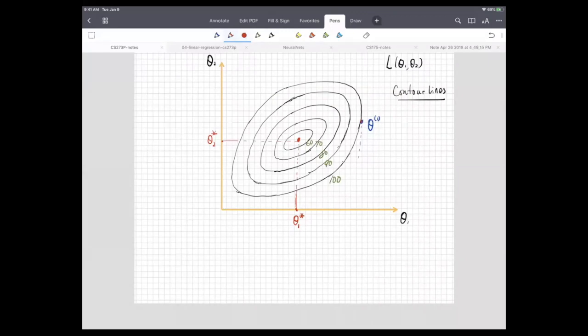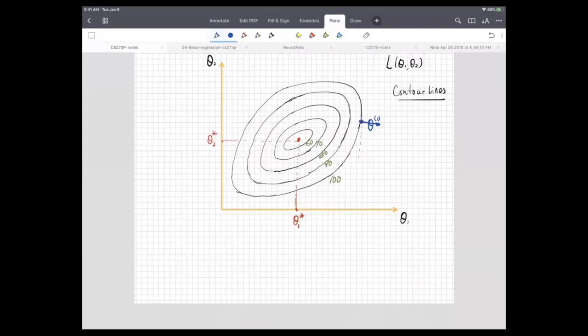The gradient will in general be orthogonal to the contour line. By definition of the gradient, it is the direction where the loss function changes the most, in a local sense.